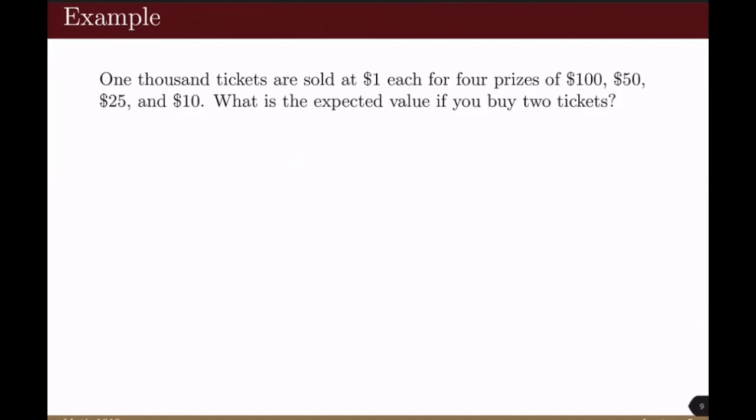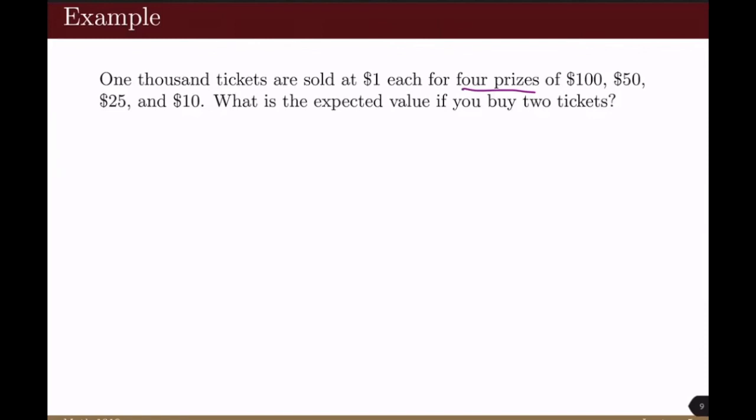1,000 tickets are sold at $1 each for 4 prizes of $100, $50, $25, and $10. What is the expected value if you buy 2 tickets? So it is important to note that there are only 4 winning tickets, right? Because it says 4 prizes. So the probability of getting a winning ticket is going to be 1 out of 1,000 for each of these values.